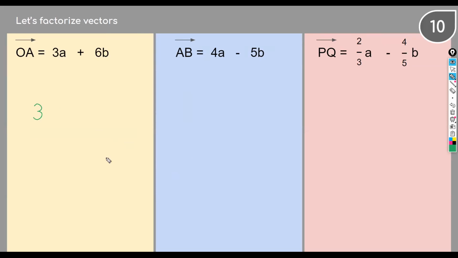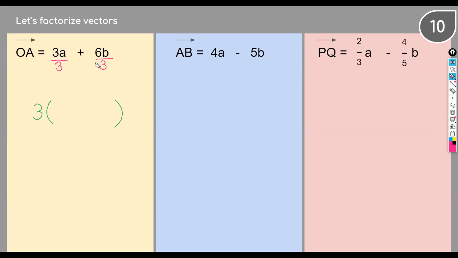You pull out a number. So we pull out 3, so we put the 3 outside the brackets. But what does pull out 3 mean? Pull out 3 means we are visiting everybody involved and dividing them by whatever we are pulling out, which is 3.